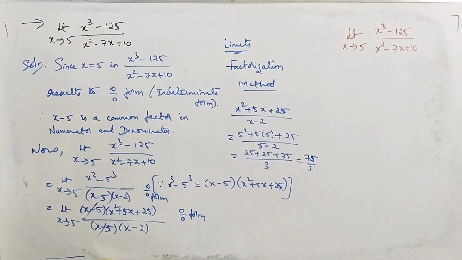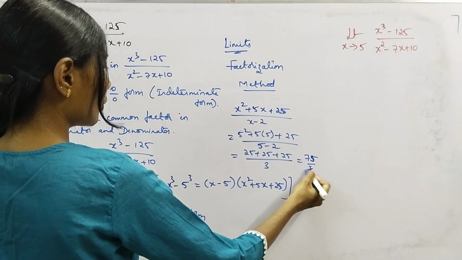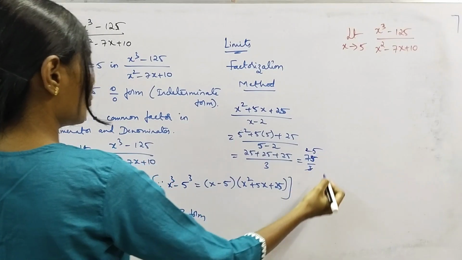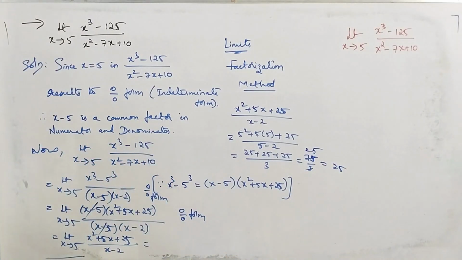Now we'll use the direct substitution method, because we know this gives a finite number. 3 twos are 6, 3 fives are 15. You'll get a finite number, right? Just 25.